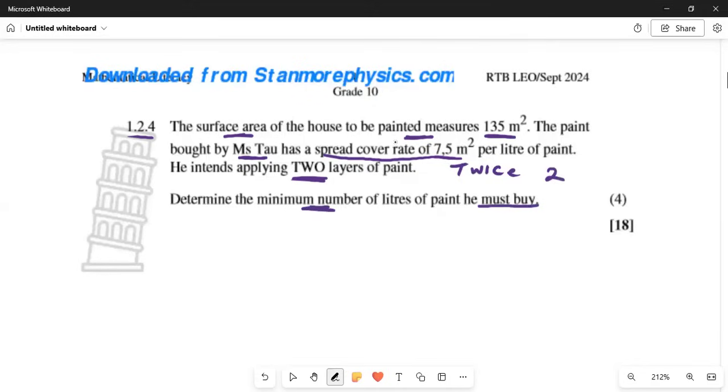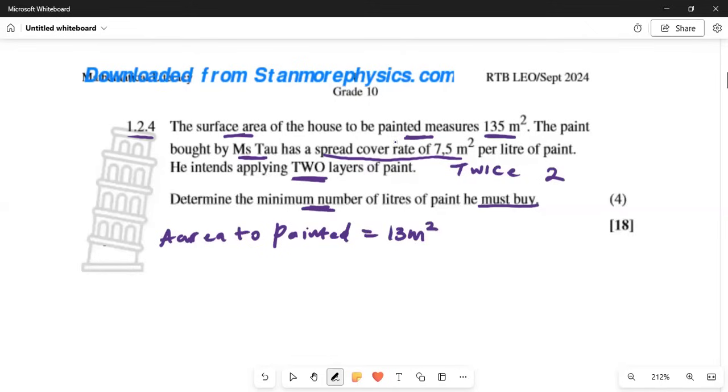So how are we going to do this? Number one, the area to be painted is equal to 135 meters squared. That is given.